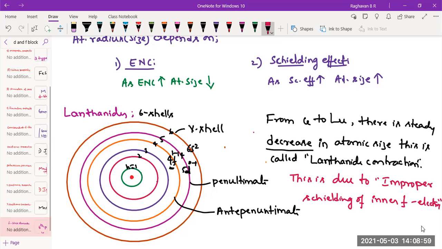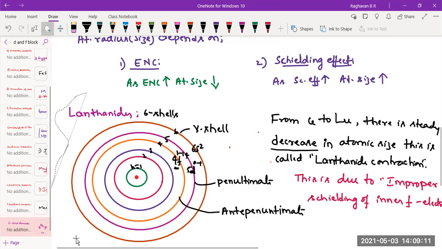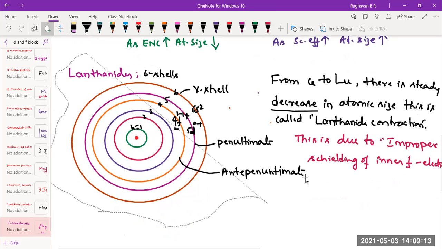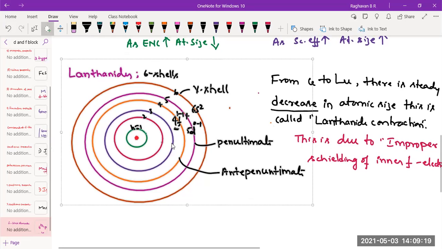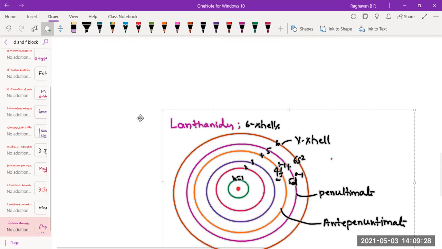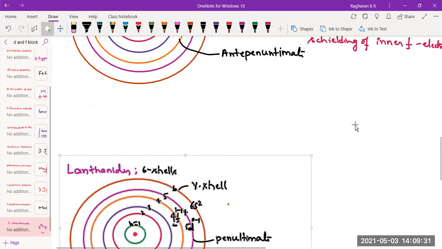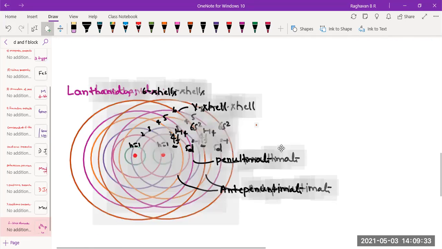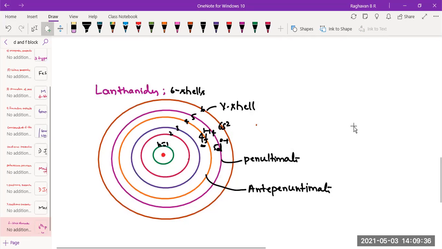Is it okay? In the same way, there is actinide contraction. Now I think you can easily understand what actinide contraction is. So let me just copy this. Here there will be one more shell, that's all.